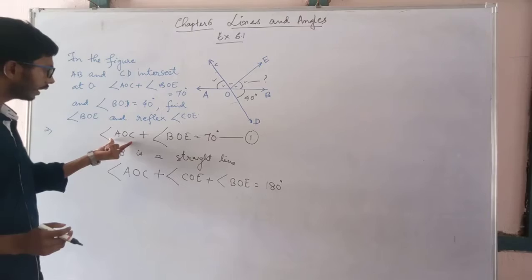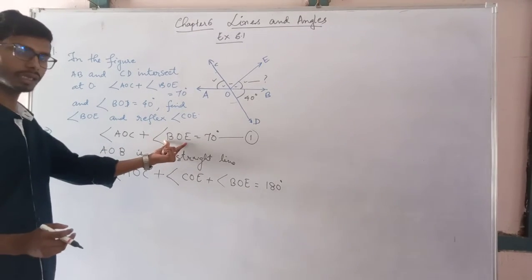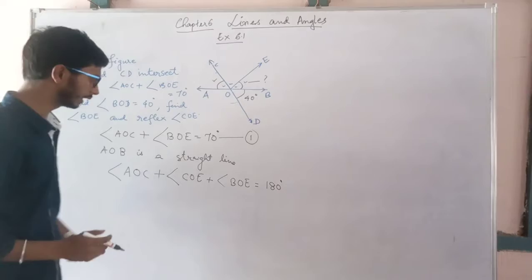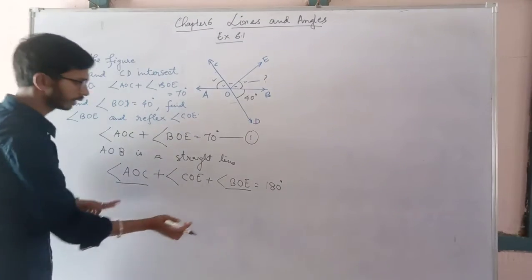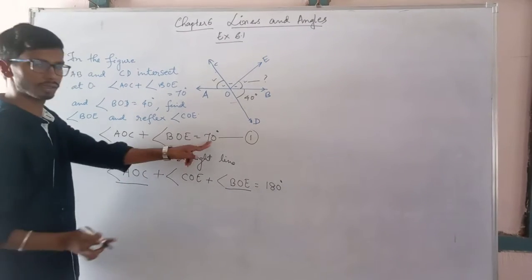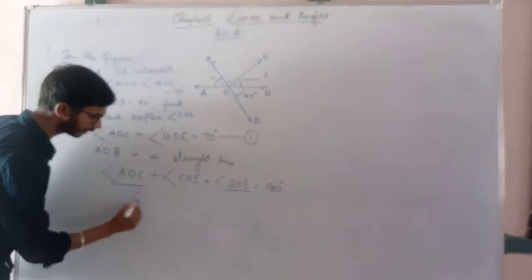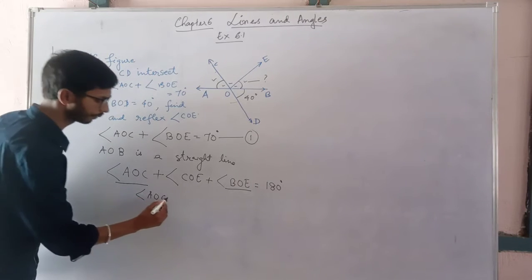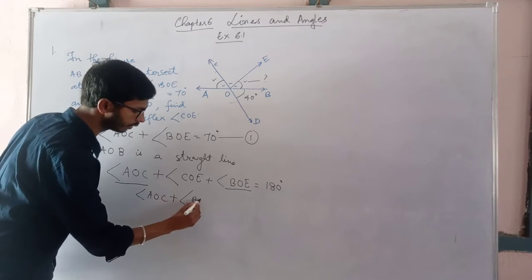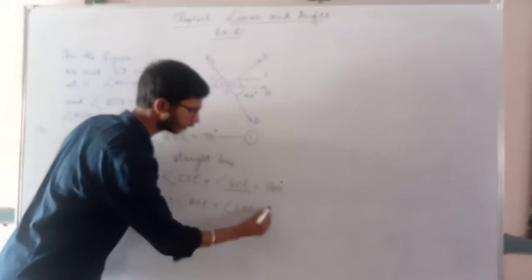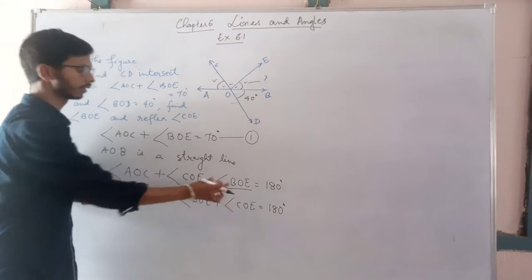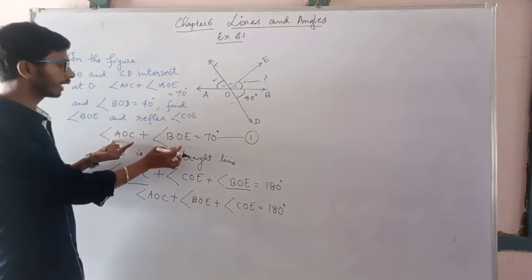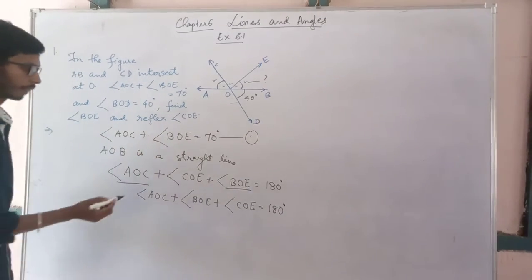Now you see here, AOC plus BOE is equal to how much? 70 degree. So we can say like this: AOC plus BOE, the sum of these two angles is how much? 70. So we can write like this: angle AOC plus angle BOE plus angle COE equal to 180 degree. That means we are combining these two angles, because the sum of these two angles is given to us as 70.